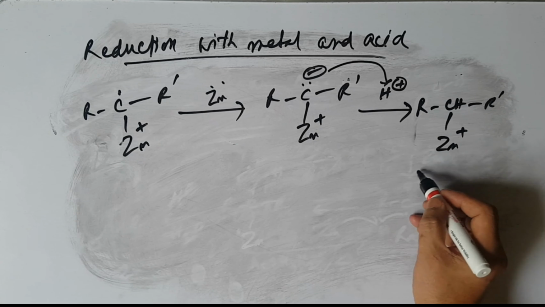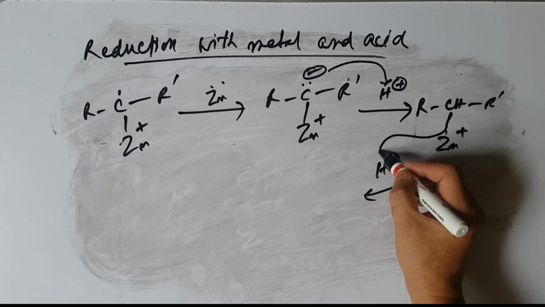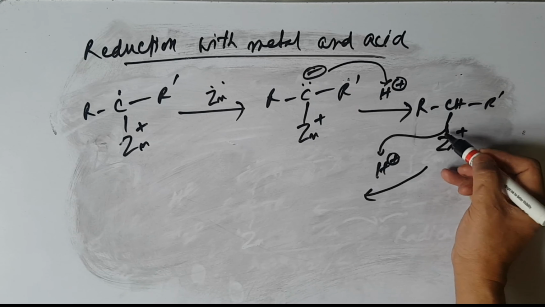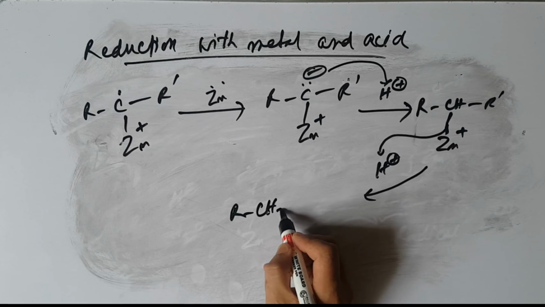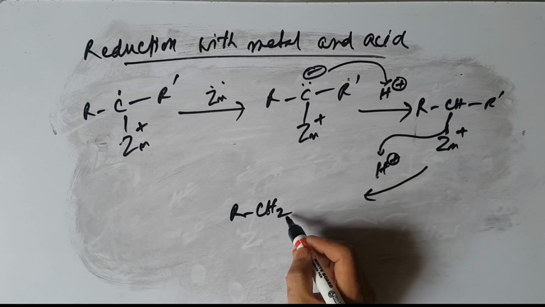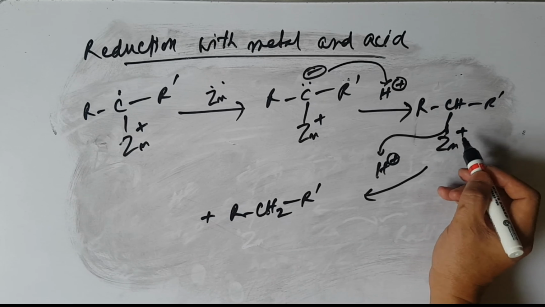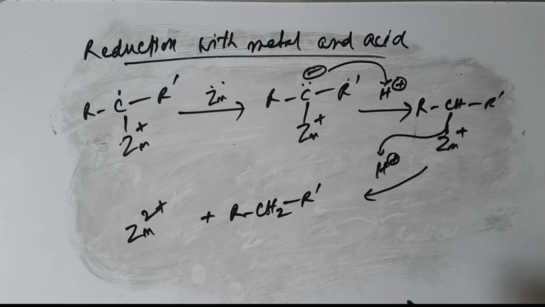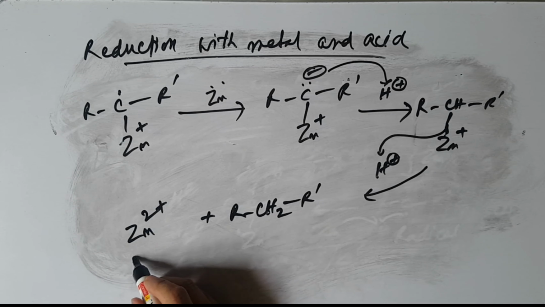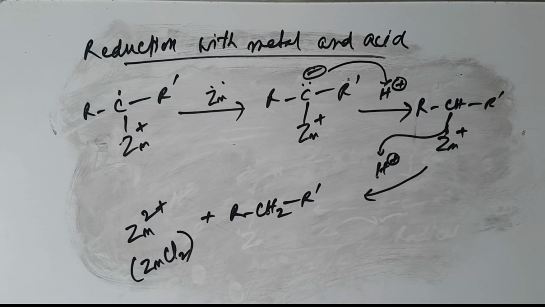Then again another proton is picked up, so it becomes CH2, then R prime, plus the zinc is lost as zinc 2 plus. Generally it gives zinc chloride. So this is the overall mechanism of the reduction with metal and acid.